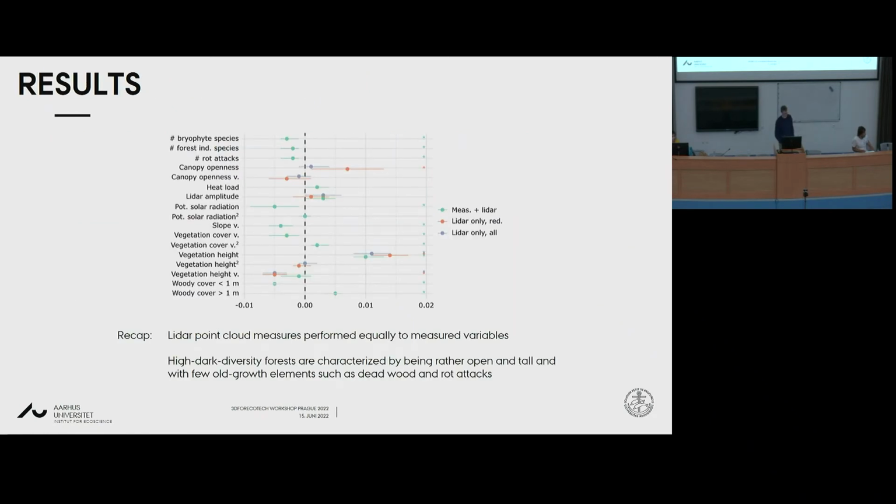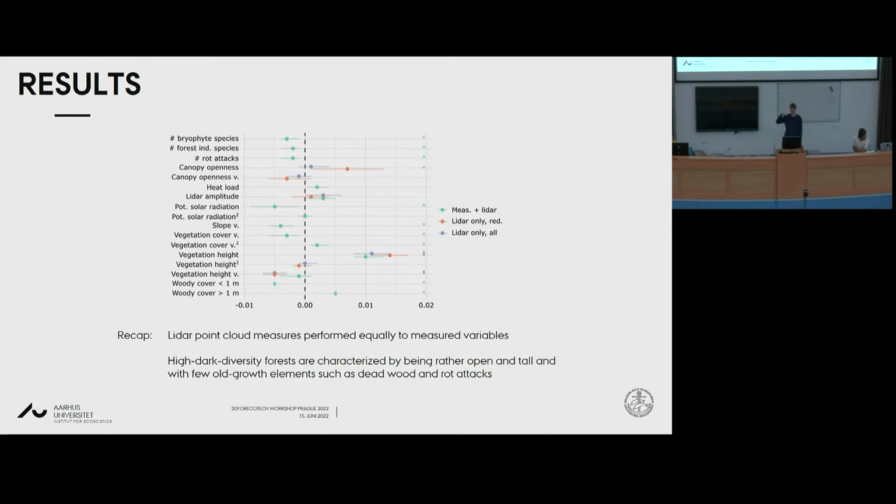And finally, just the results from the other part of the analysis. You can translate the negative effects here as: the less of a given factor, the higher the plant dark diversity. So the less of a given factor, the more species are missing.